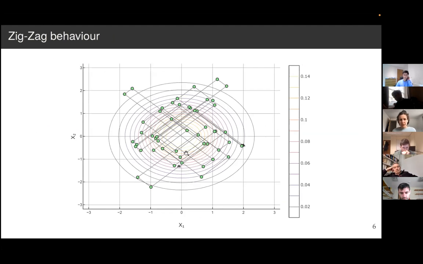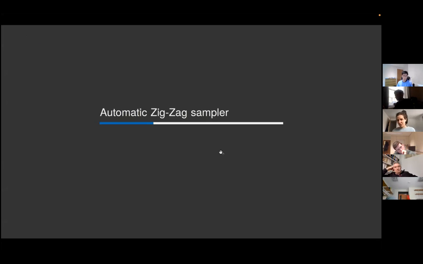This is the behavior that we see in practice. In green, you find the so-called skeleton points, which are the locations of the switching times. This is an isotropic bivariate normal, so very easy to explore, and you can see in gray the deterministic trajectory. When we go towards the tail, in a region of high potential, we propose to flip and turn back towards the mode. Okay, so this was just the background to define the notation.